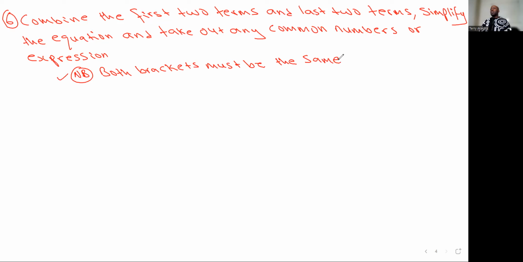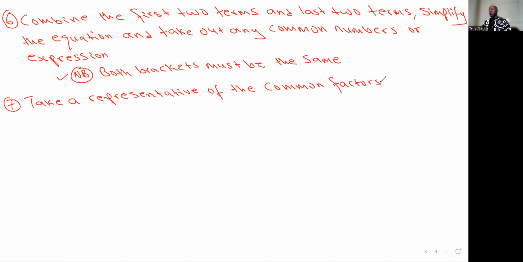So when you're done taking that out, the next thing is to take a representative of the common factors in the bracket, then put the other terms outside the bracket.